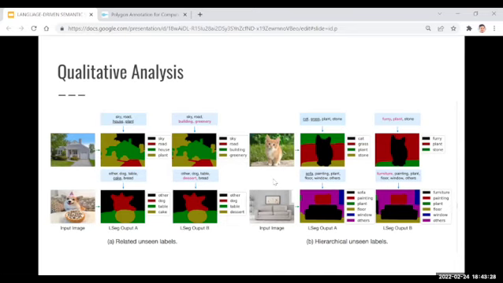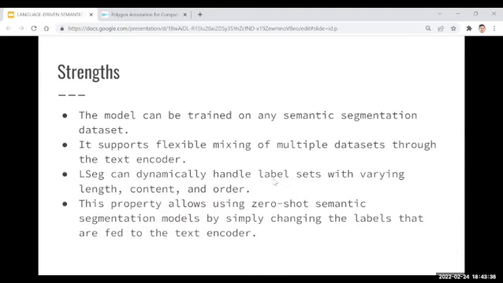Okay. So language segmentation in general achieves very groundbreaking results, but we also observe some failure cases. Let's move on first to the strengths. The model can be trained on any semantic segmentation dataset. It supports multiple types of datasets, sometimes unlabeled datasets as well. Means it supports flexible mixing of multiple datasets.